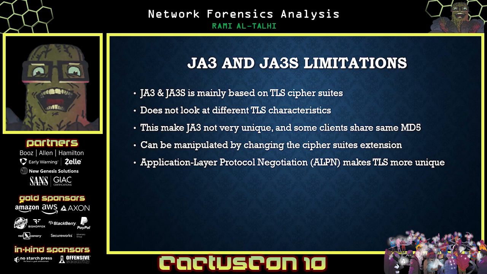It can be manipulated by changing the cipher suites extension. As we have seen from the PowerShell, you can just manipulate it by lowering or positioning the TLS cipher suite into a different position.